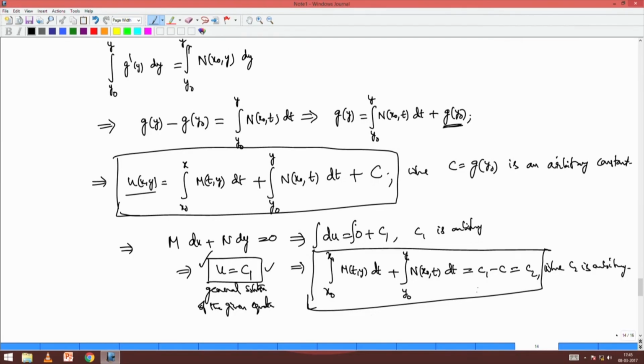If you look at this form, you have the equation m(x, y) dx plus n(x, y) dy equal to 0. Whenever the condition dou m by dou y equal to dou n by dou x is satisfied, then the general solution is as above.